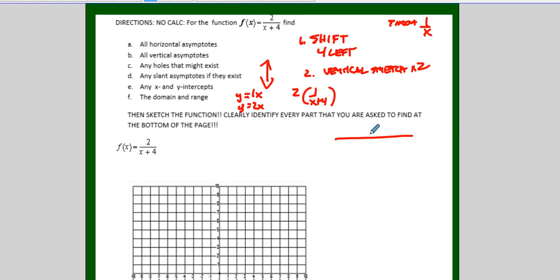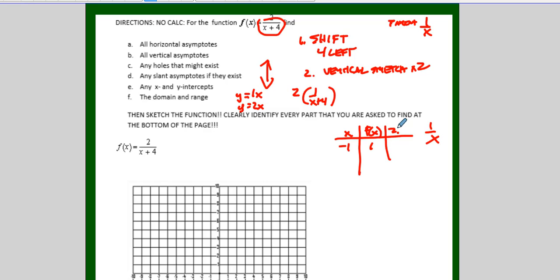So if you made a table with x here, we're going to look at the parent function. We're not looking at this function, we're just going to use a shift. This is going to be 1 over x, or f of x is 1 over x. This would be, again, negative 1, 1.